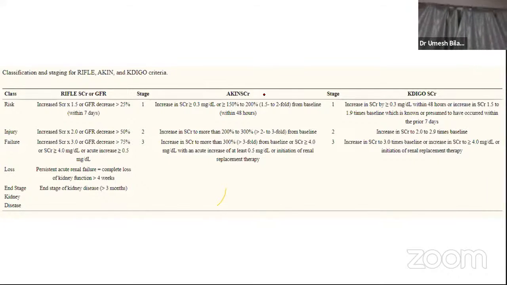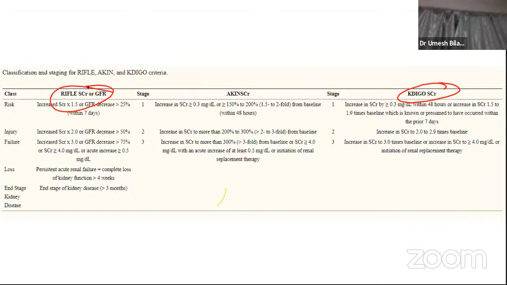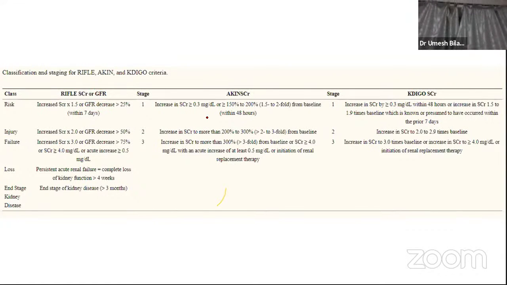This is the RIFLE criteria and the KDIGO criteria. RIFLE has a lot of stages, right up to kidney disease, whereas these two have only three stages: 1, 2, 3. One thing which is common here is increase in serum creatinine 1.5 times, or GFR decrease more than 25%. Here, increase in serum creatinine 0.3 mg per dL within 48 hours, or increase in serum creatinine 1.5 times.